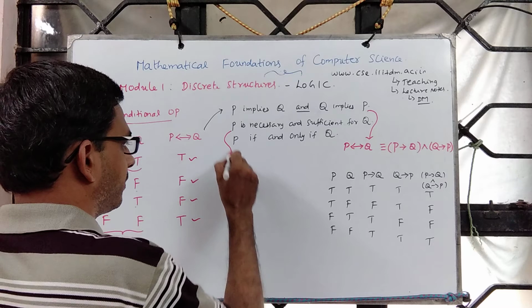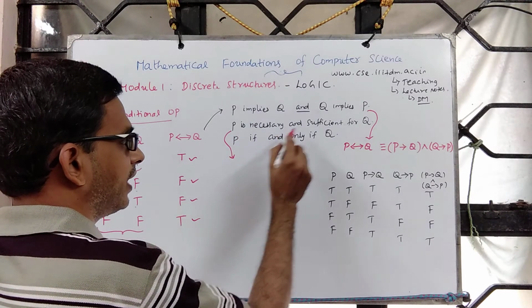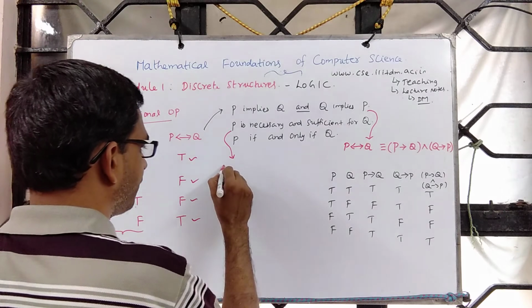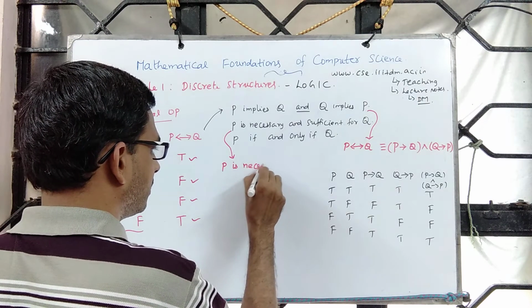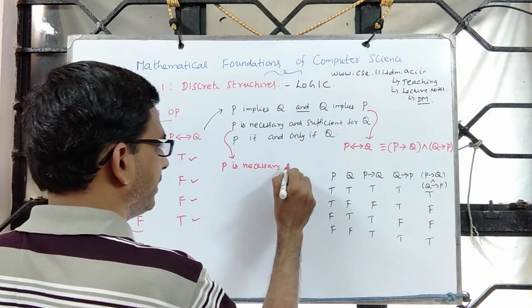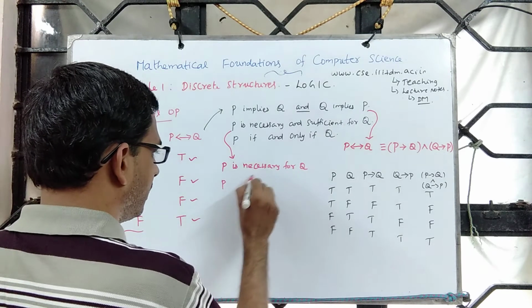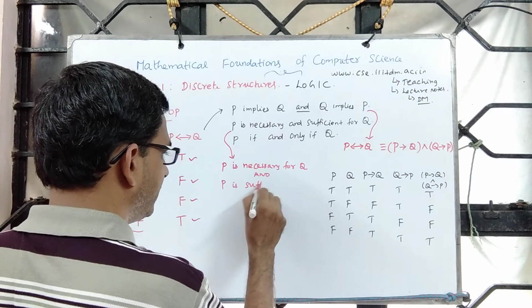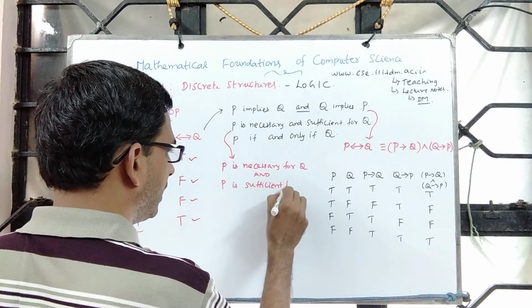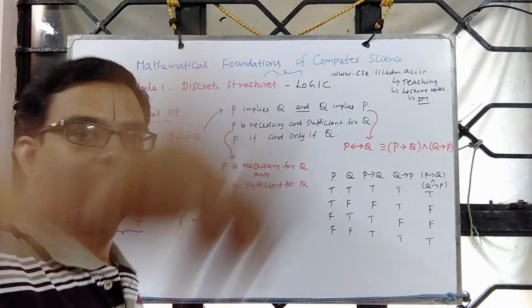Look at this one. When you say P is necessary and sufficient for Q, you can rewrite this as P is necessary for Q and P is sufficient for Q. Fine?